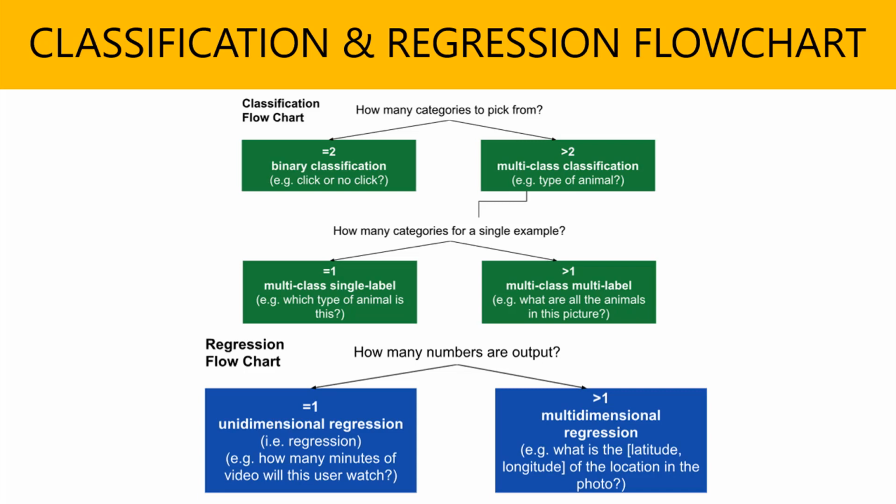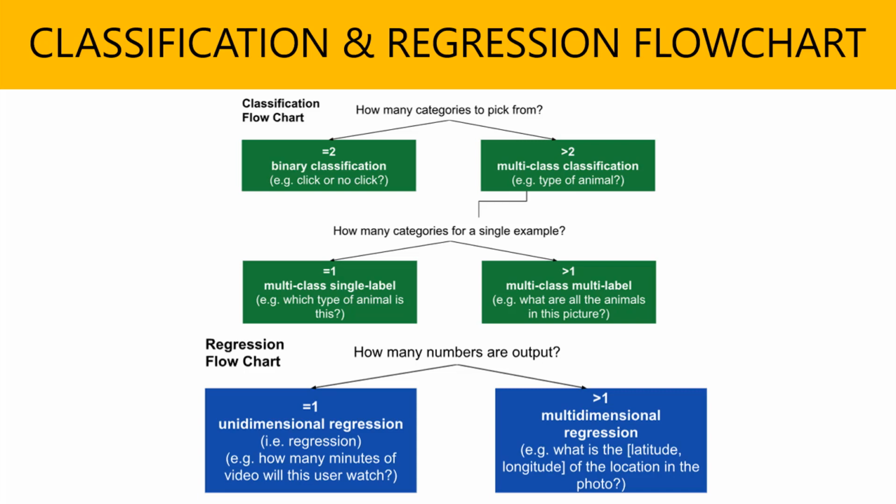If you were to apply the regression flowchart, then you're looking at how many numbers are in the output, whether it is equal to 1 or greater than 1. In other words, more than one output is desired. If the output equals 1, then it's a unidimensional regression. In other words, simple regression. How many minutes of video will this user watch?